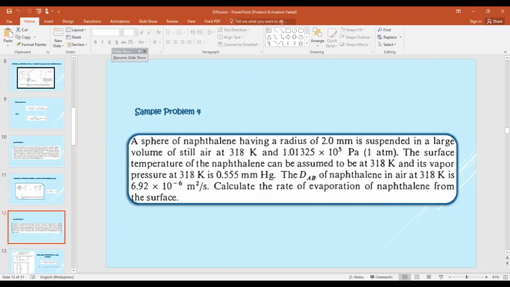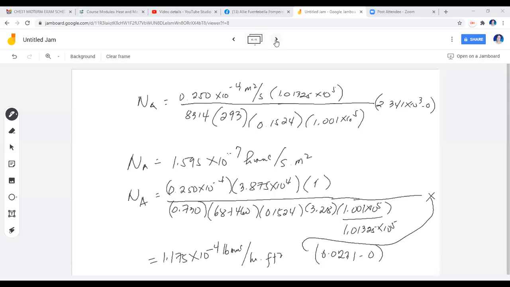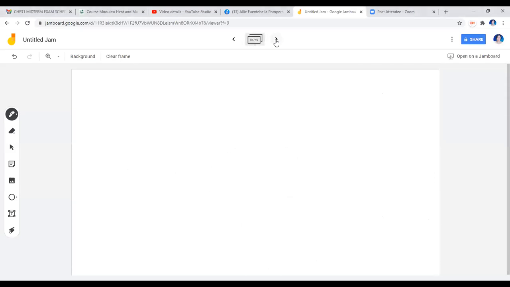Now, we'll go to our board again. Okay. So in the case of the sphere diffusing through that particular medium, which is air, that's a sample of molecular diffusion where the cross-sectional area is no longer the same.